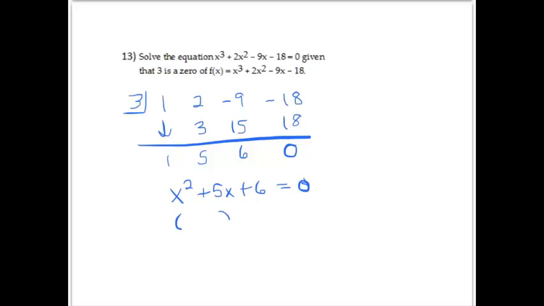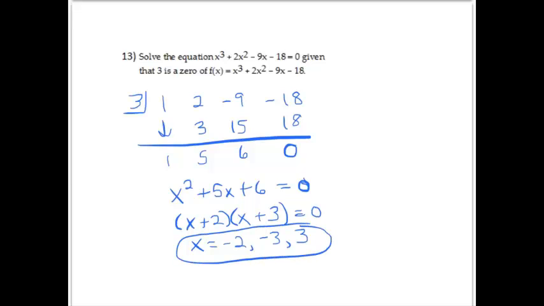Factor. What multiplies to 6 that adds to 5? That'd be 2 and 3. So x is going to equal -2, -3, and from the problem, positive 3.